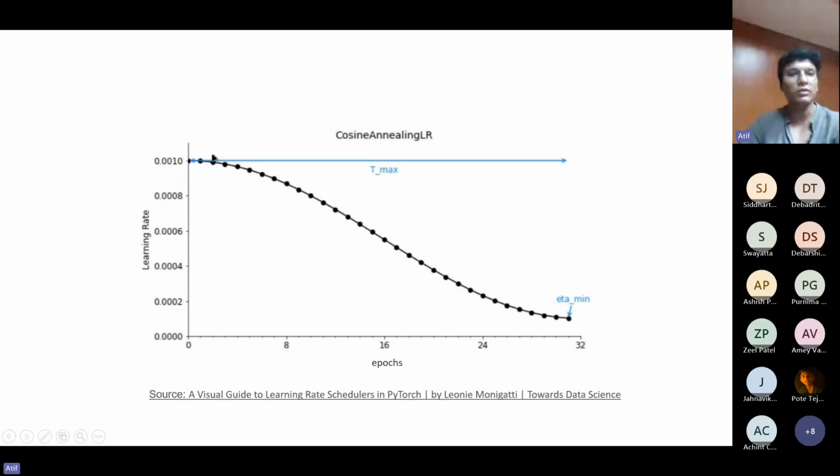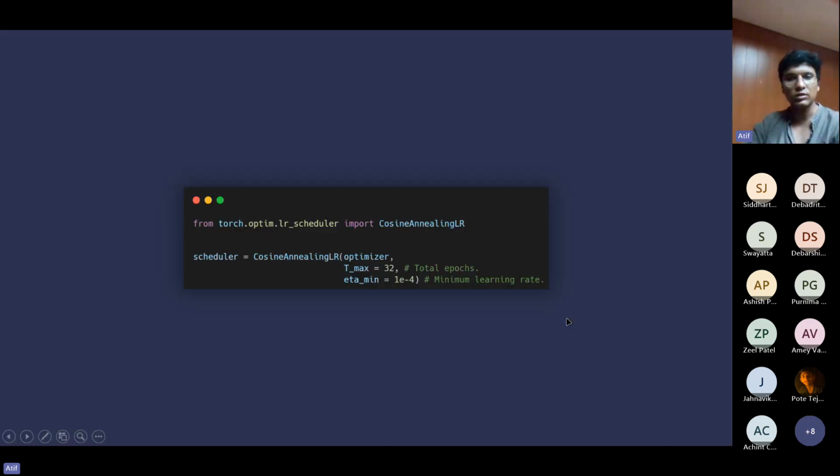If you remember the cos diagram, it starts off with 1, I think, then goes down to 0, then down to -1 and goes up and so on. What cosine annealing does is take that first portion of the cos function, and let's say you start off with 0.001, this is your learning rate. You slowly, smoothly reduce your learning rate down to whatever minimum value you have set. So this is what it looks like.